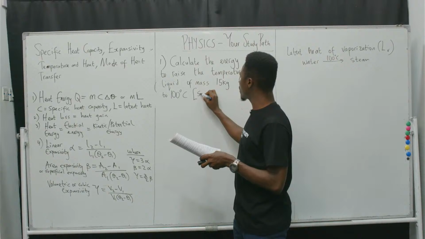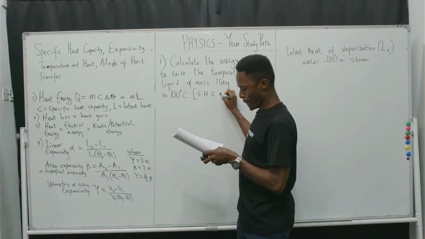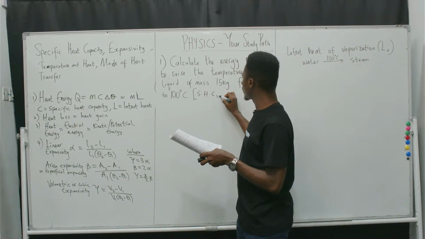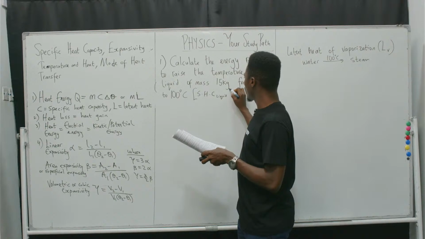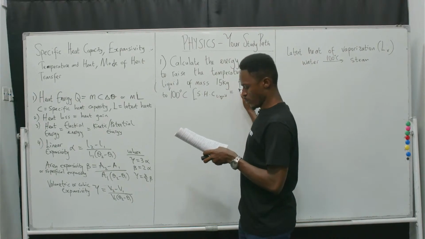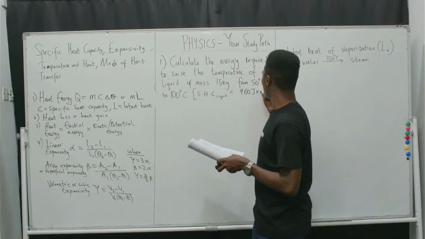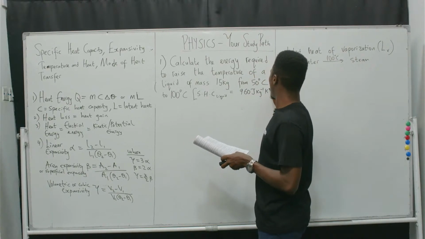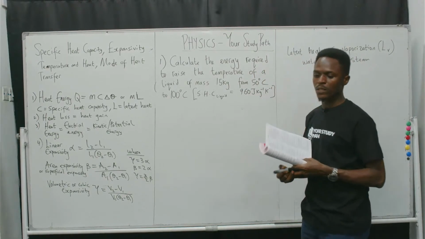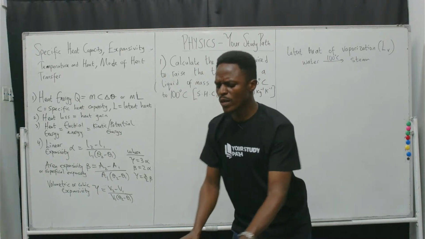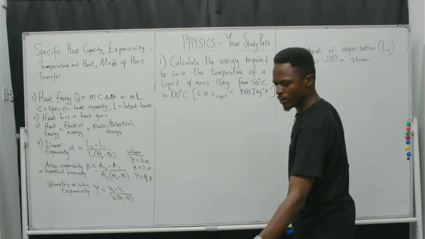We are given specific heat capacity of the liquid to be equal to 960 joule per kilogram per Kelvin. So this is the question. Let's see what we can make of this question.